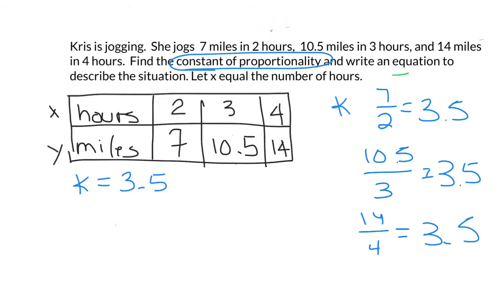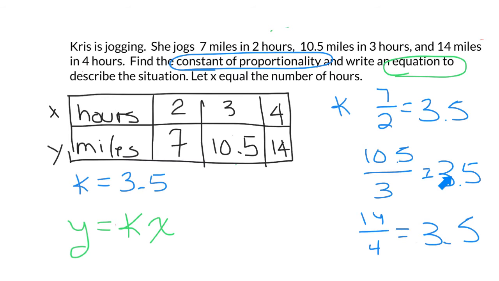This also asks us to write an equation to describe the situation. So our equation will use y, k, and x. As you can see, the x's and the y's change, but the k is constant.